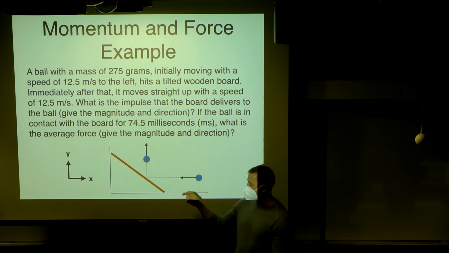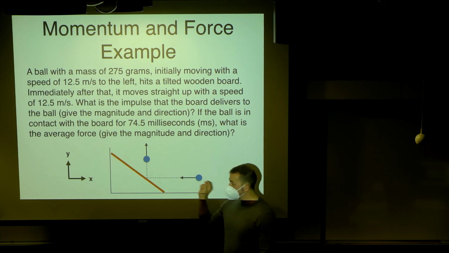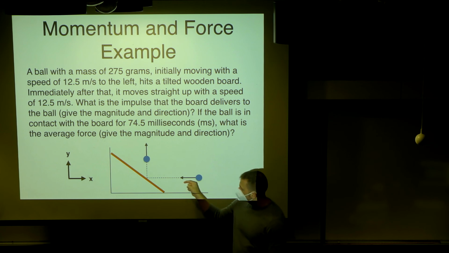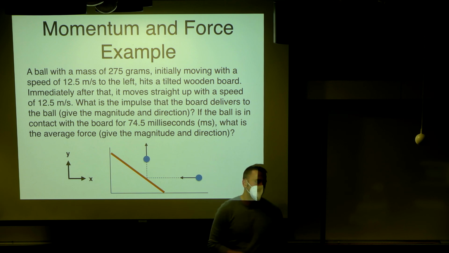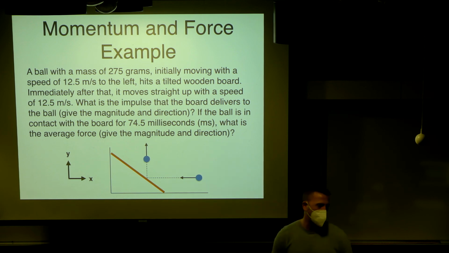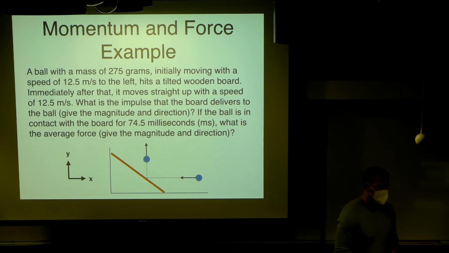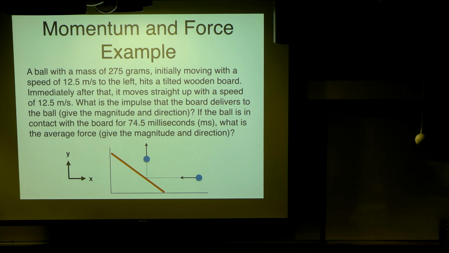Let's just make sure we're on the same page. Initially, the ball has a momentum that is entirely in the negative x direction. You see that? And then after it bounces off, the final momentum is entirely in the positive y direction. So just keep that in the back of your mind, and now we can do the math.